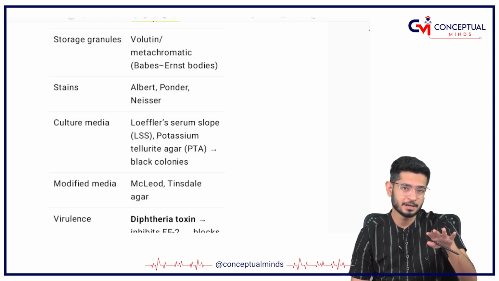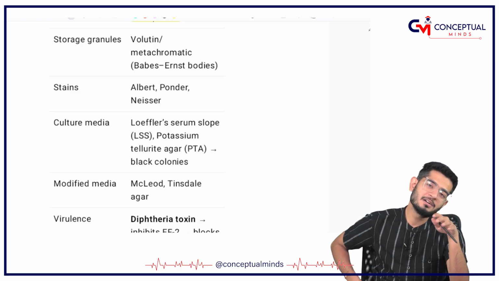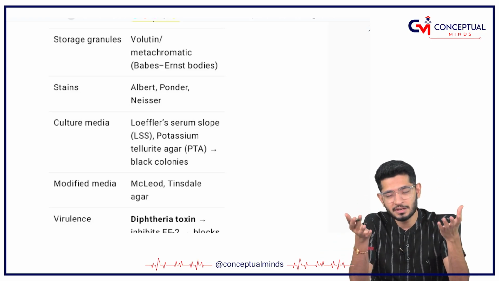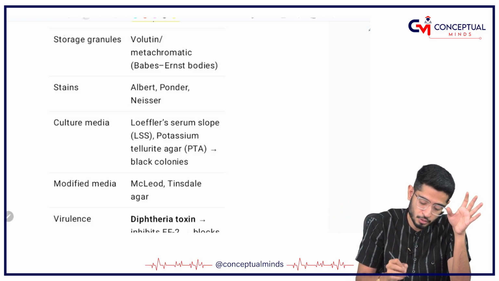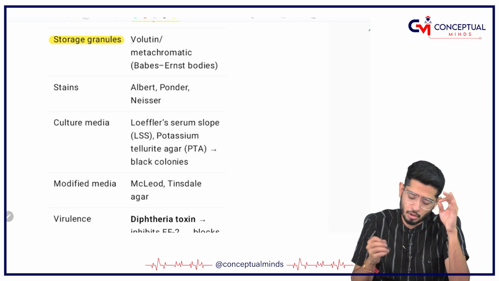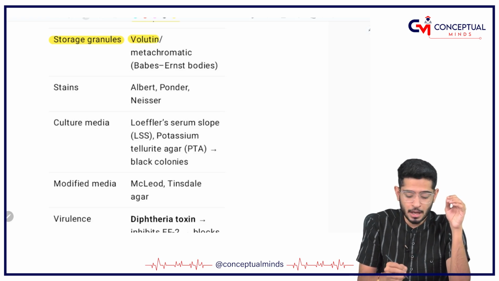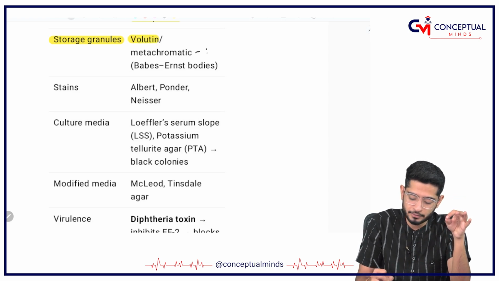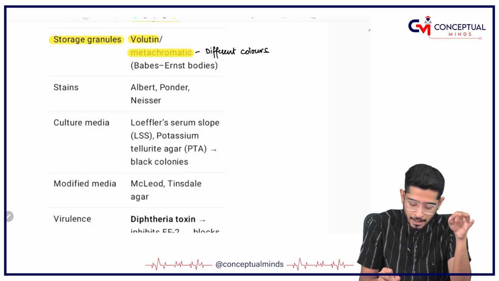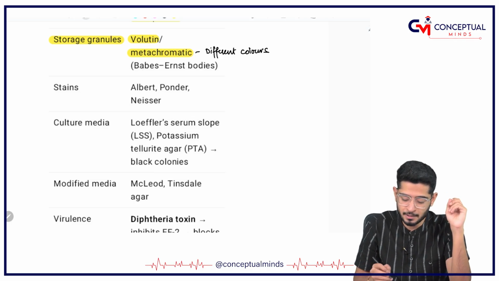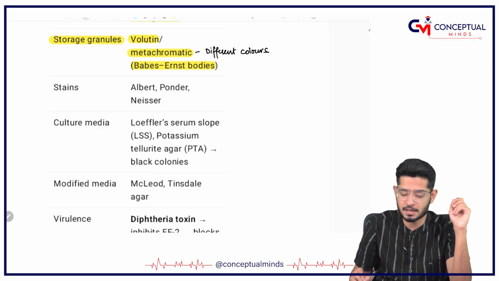Similarly, bacteria also, in order to prolong their survival, store food material in granules called storage granules, also called volutin granules. Because these granules are of different colors, they are also called metachromatic granules. Chroma means color.